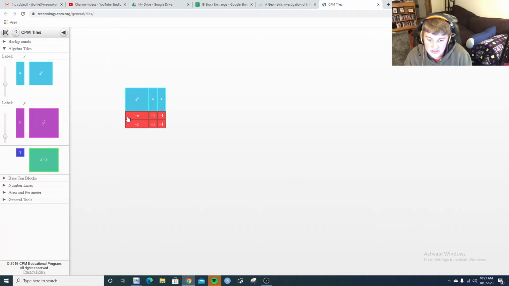I know this because it creates a perfect square where I have a length of x and 2. So let's see that visually. I have a length of x and 2, and then this is length x and negative 2, and this is what it factors into.